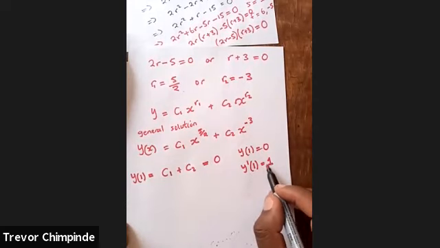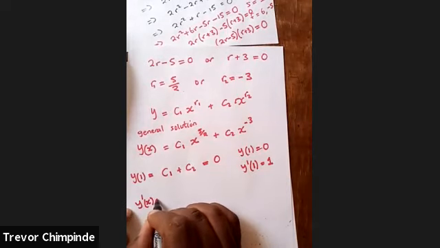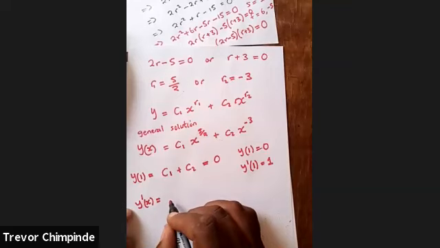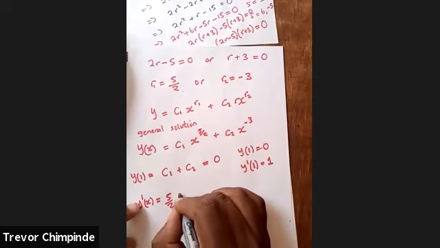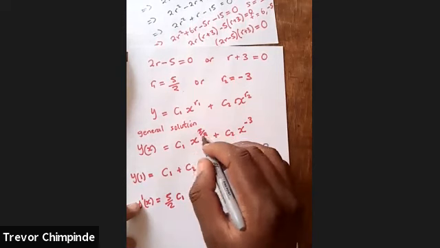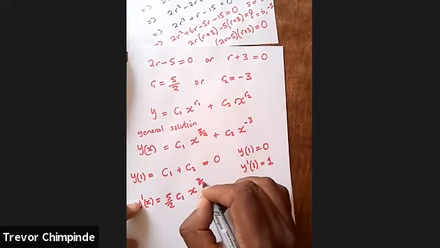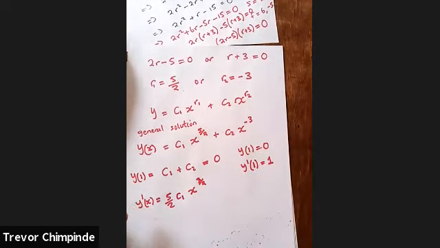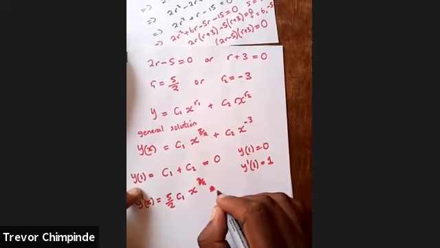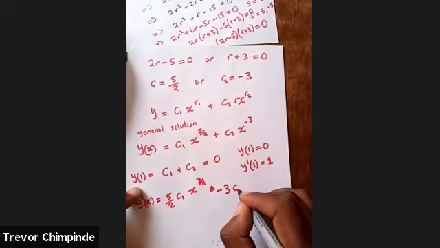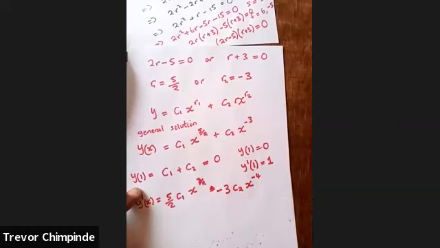y prime of 1 is equal to 1, so I need to find the derivative here. So y prime of x is, I bring down the exponent, so it will be 5 over 2 c1, then I subtract 1 from the exponent, so I get x to the 3 over 2, plus, bringing down the negative 3, minus 3 c2 x to the minus 4, because it's minus 3 minus 1.